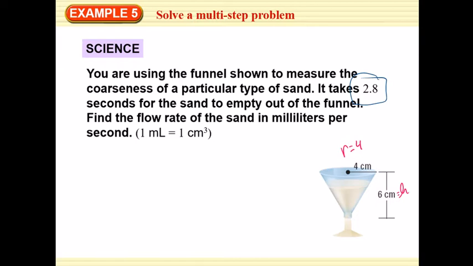Find the flow rate. The flow rate is going to be in milliliters per second, so I am going to have to find my volume in cubic centimeters, then change that into milliliters and divide it by the time. I have the given radius of 4 and height of 6.